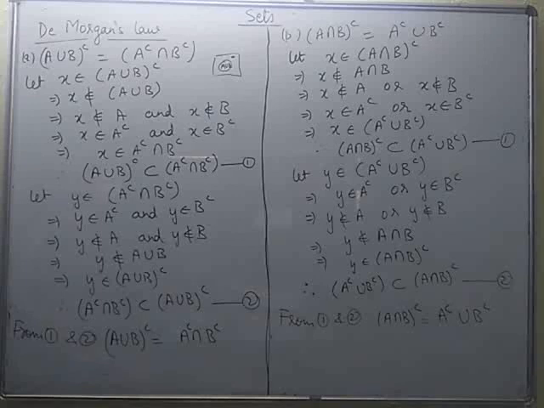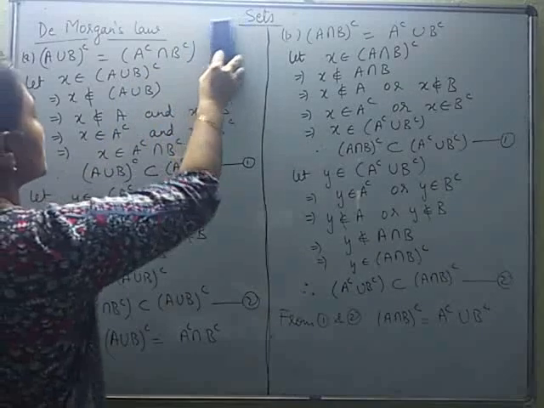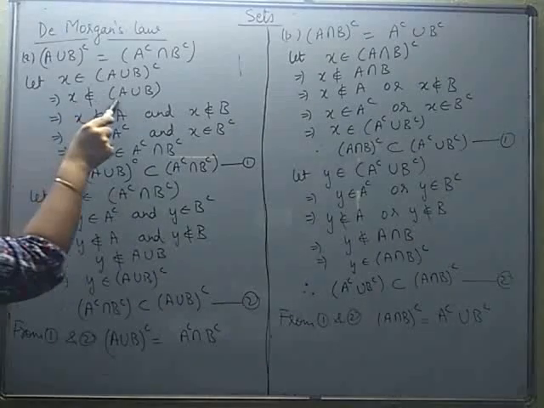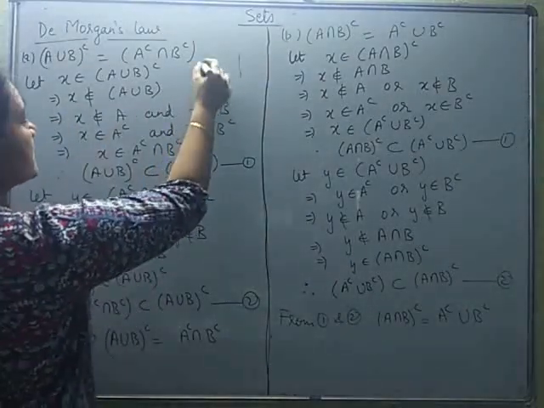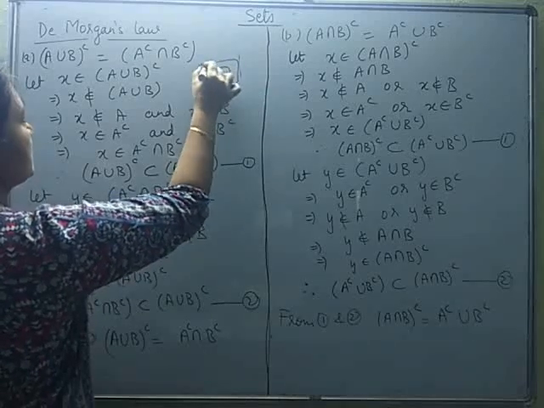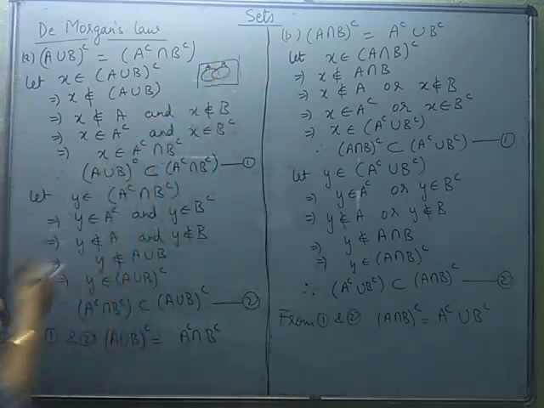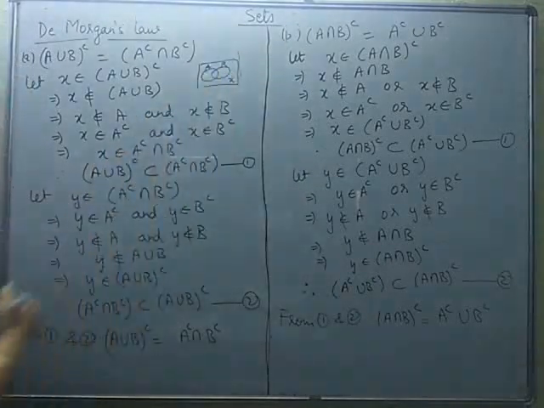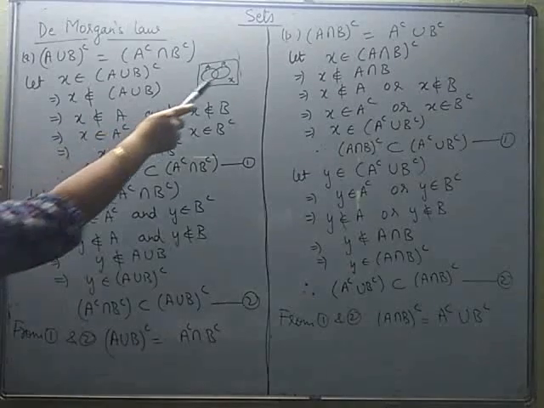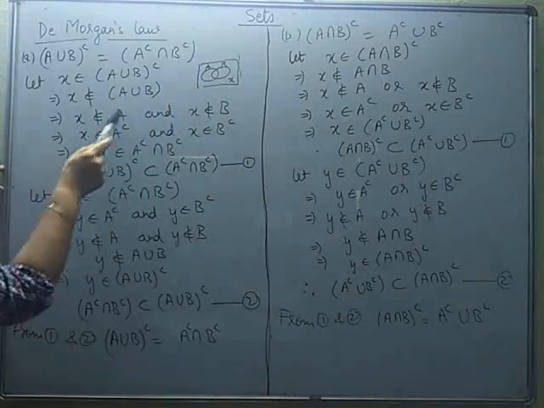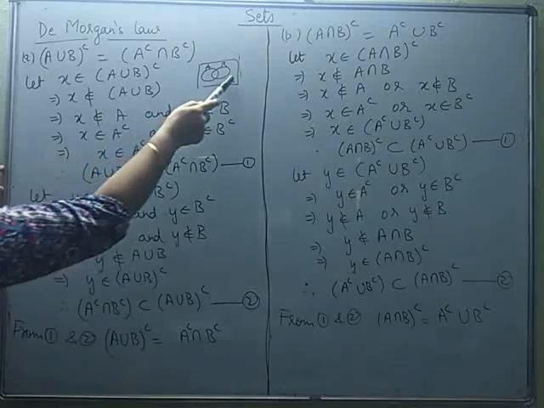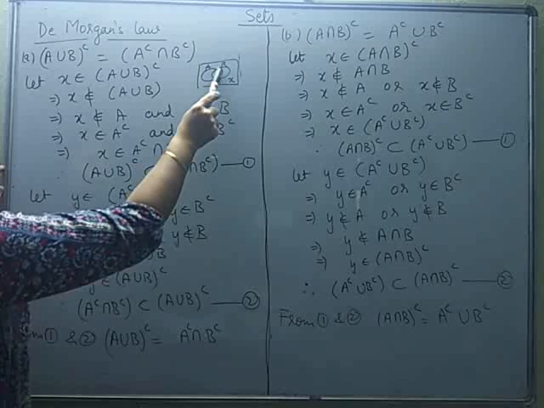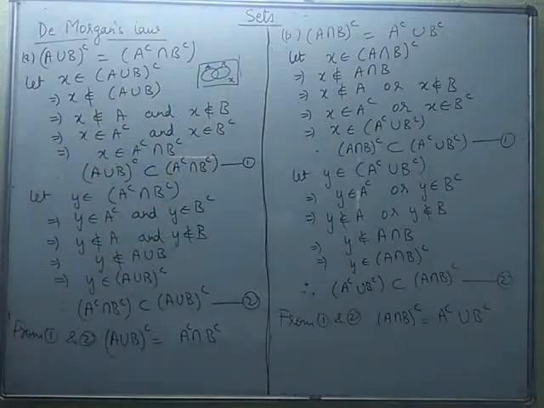Now you think, under what condition can an element not be in the union? What must the condition be so that it is not coming in the union? See again, if this is A, this is B, then the union is the entire thing and X is not coming there. So X is not in the union, that means X is somewhere over here. So what can we say? This means X is not in A and X is not even in B. Only if it is not in any of these sets, it will not be in their union.